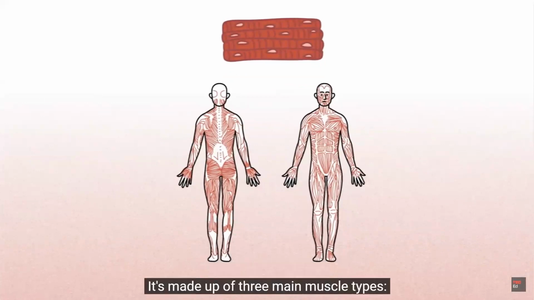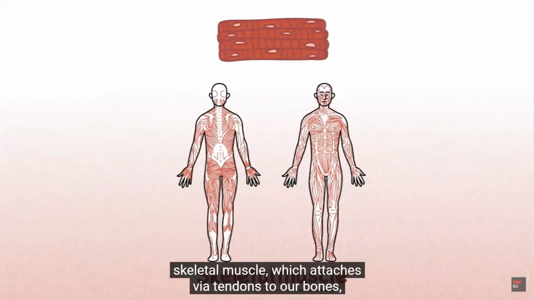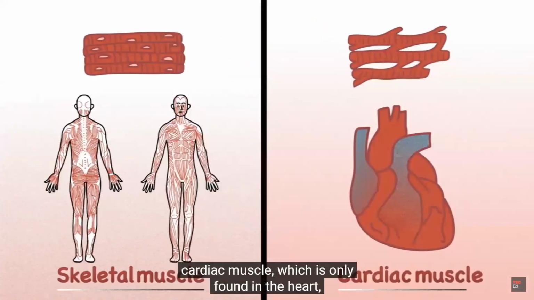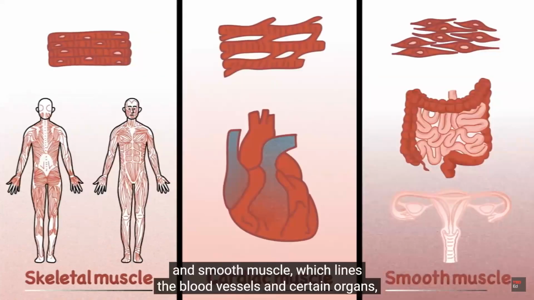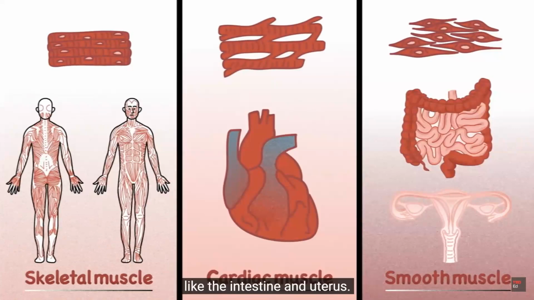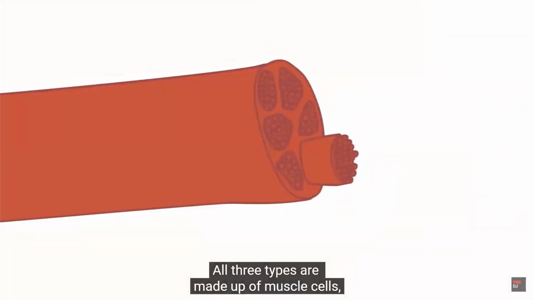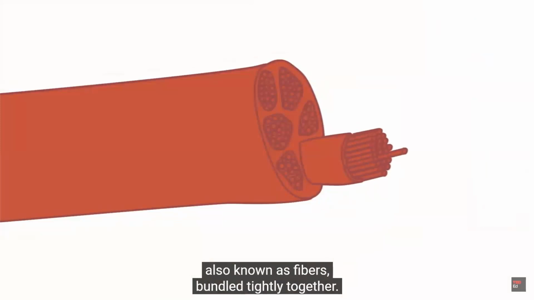It's made up of three main muscle types: skeletal muscle, which attaches via tendons to our bones; cardiac muscle, which is only found in the heart; and smooth muscle, which lines the blood vessels and certain organs like the intestine and uterus. All three types are made up of muscle cells, also known as fibers, bundled tightly together.